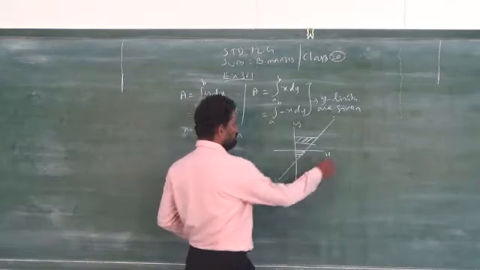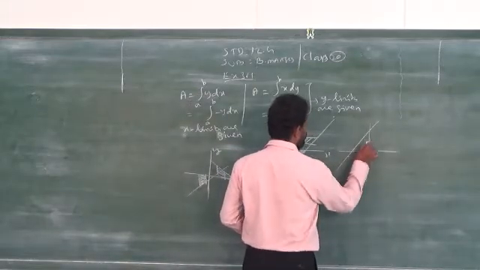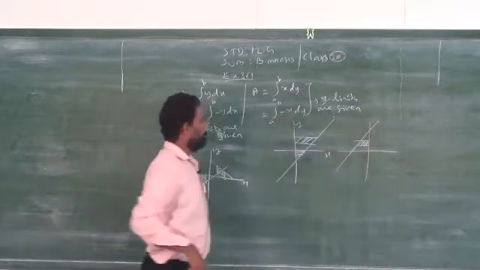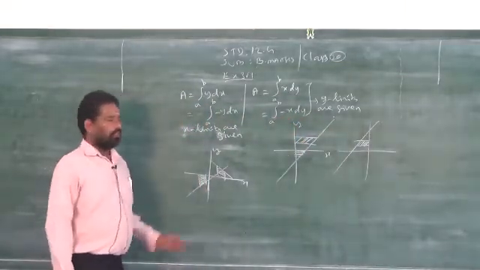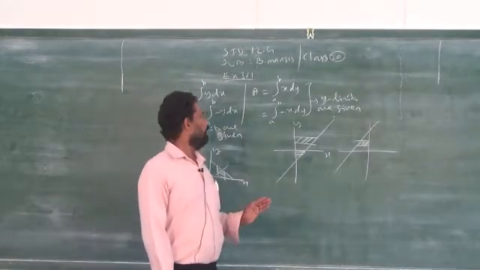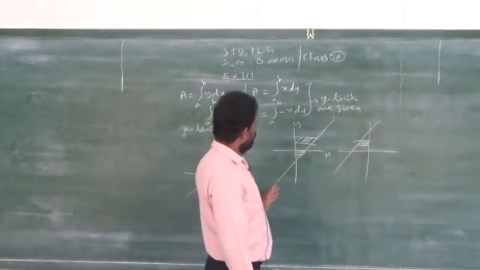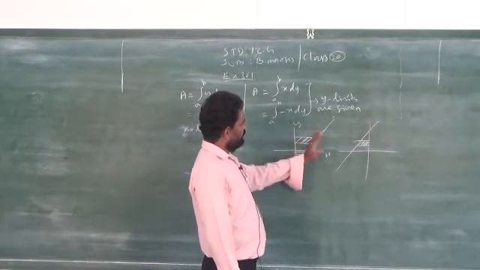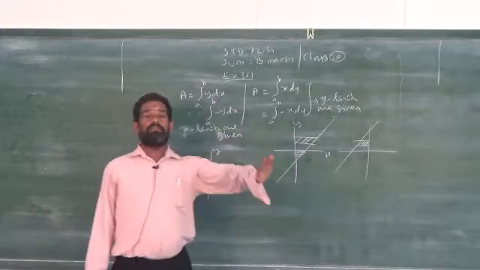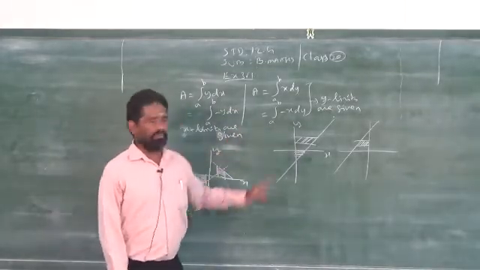If it comes on the left side, in this case you have to take minus x dy. So when y limits are given, to find the area which falls on the right side of the y axis, take the first formula. If it is the left side of the y axis, take the second formula.